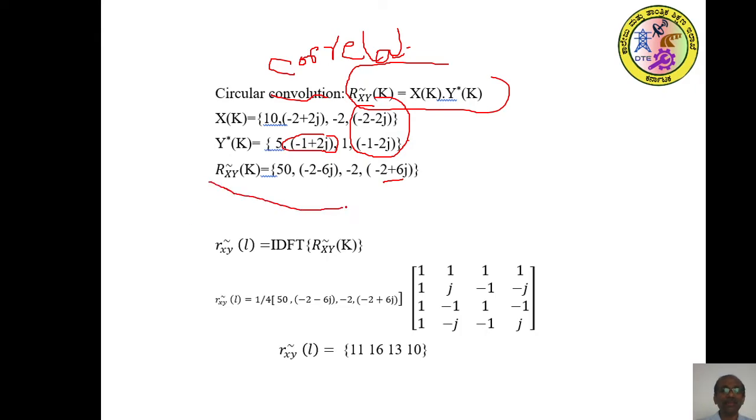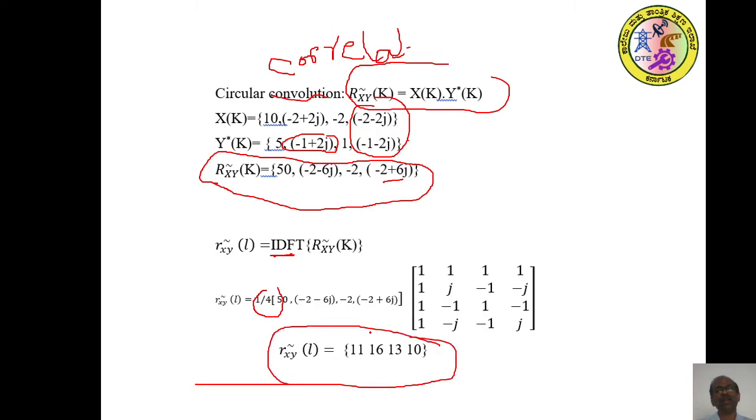Again, the complete answer is in frequency domain. It should be converted to time domain. So use the IDFT formula, same old concept: multiply Rxy tilde of k with the complex conjugate of twiddle factor matrix and scale it by 1 by 4. Very important. Your final answer would be Rxy tilde of L is equal to 11, 16, 13 and 10.